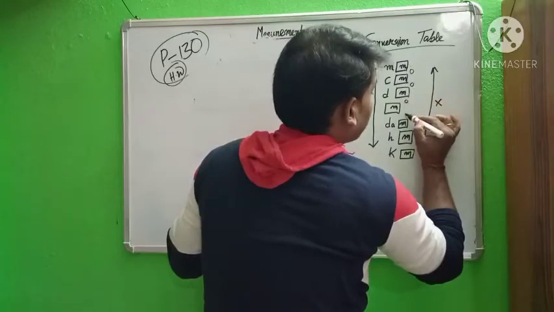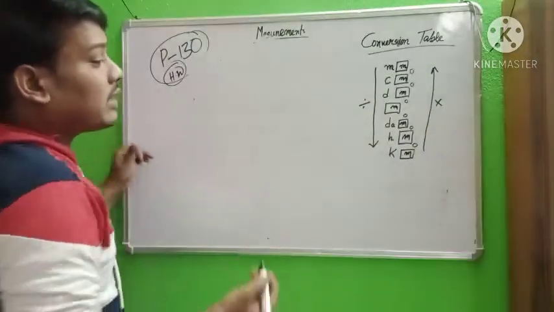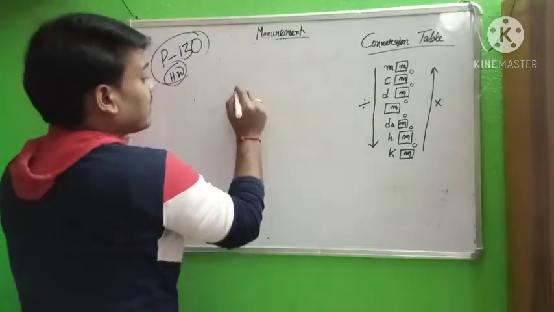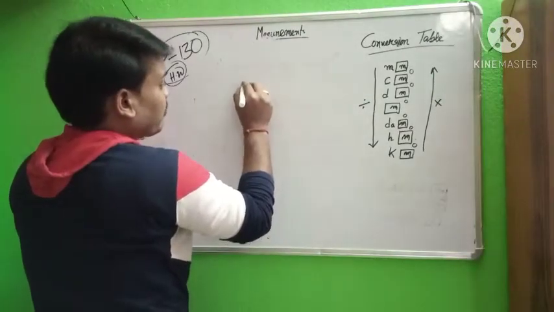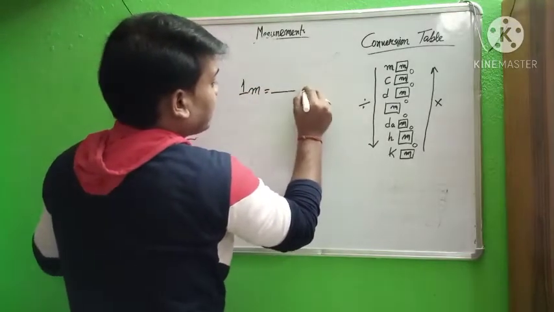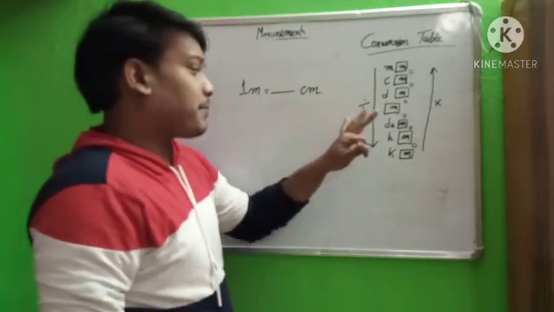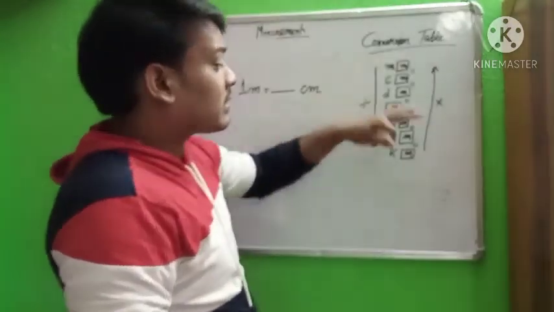So if we convert meter to centimeter, that means 1 meter equals how many centimeters?